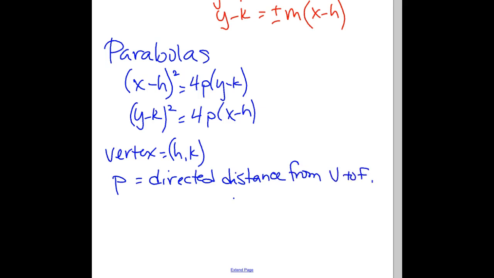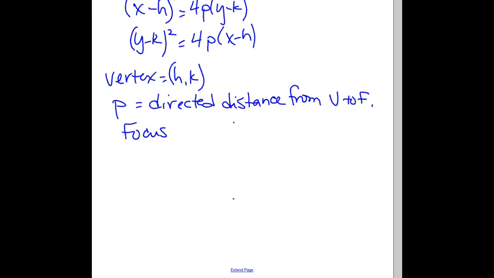All right, so P is going to be that directed distance from your vertex to your focus. Okay. What else? So we've got our vertex. We're going to be able to find our focus. What else do we usually put on there? What is it? Directrix.